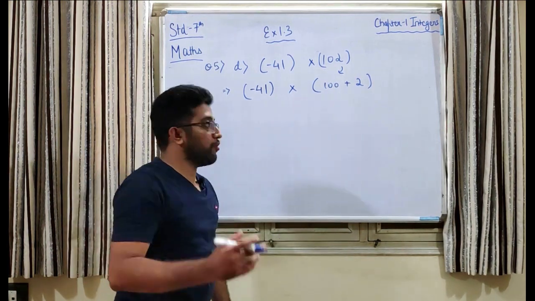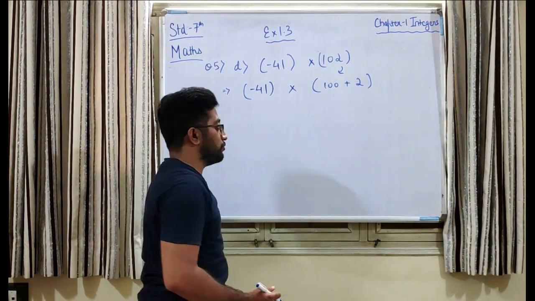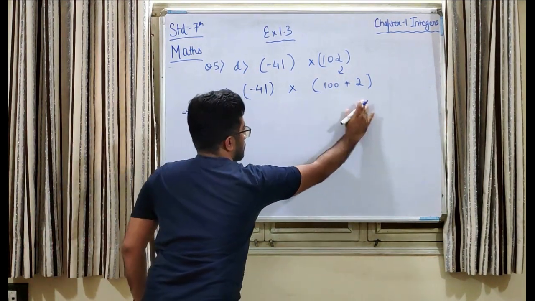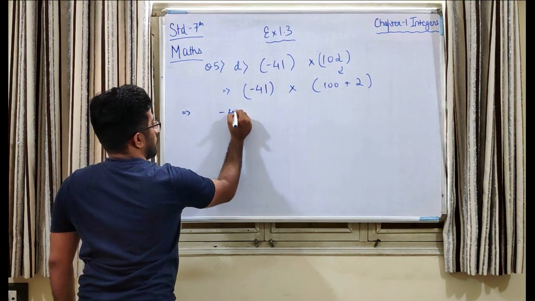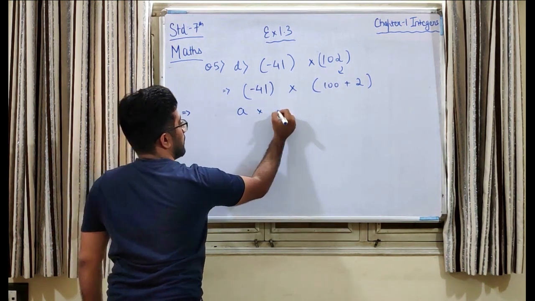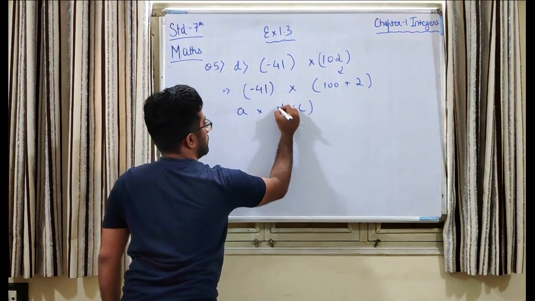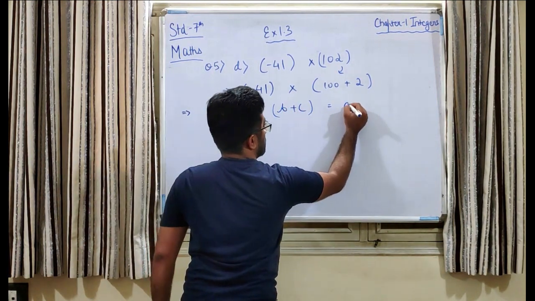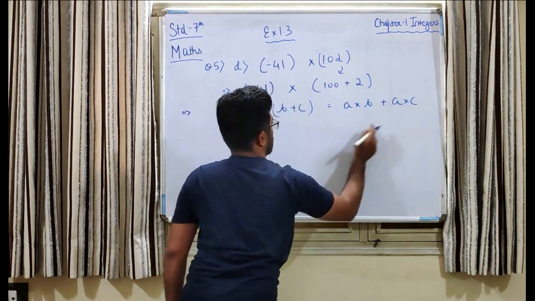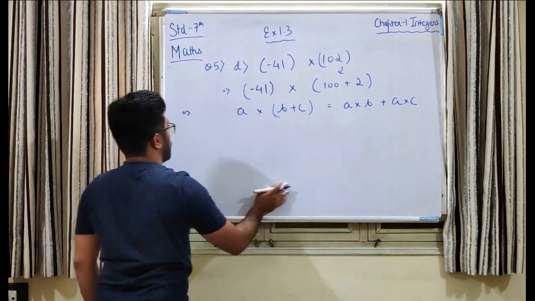If you take a quick look at this format, it is of the form A multiplied by B plus C, that is A into B plus A into C. So this is nothing but your distributive property.